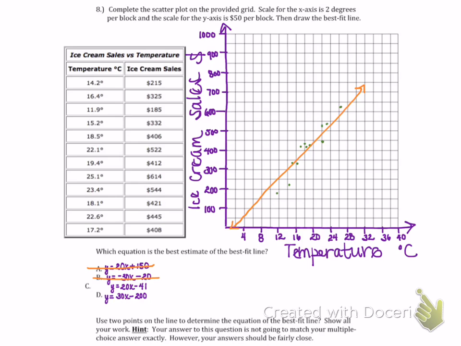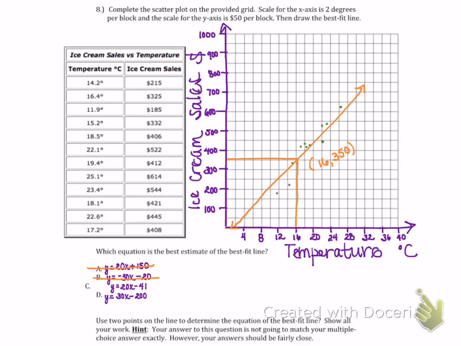Now to find the slope, I need to pick 2 points on the line. And I'm going to pick things that it went through very nicely. For instance, it looks like it goes through this ordered pair at 16 for the x and 350 for the y. 16, 350.